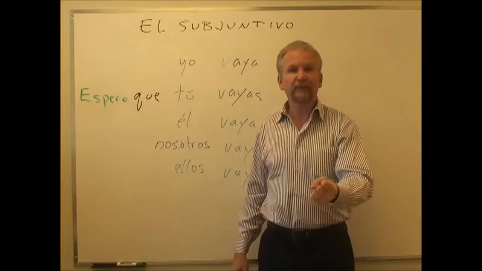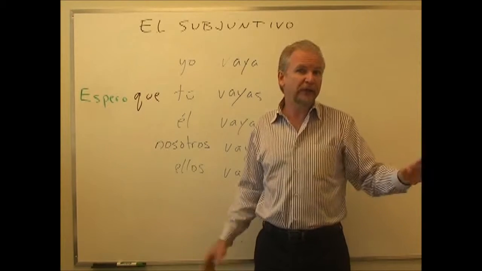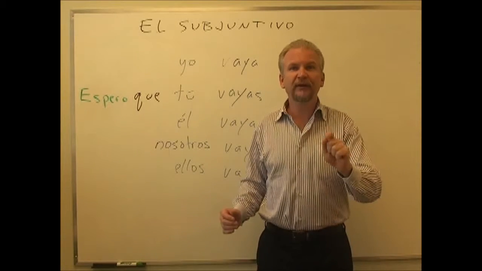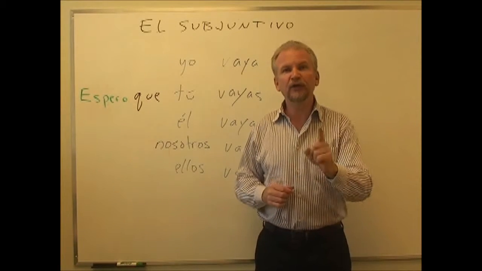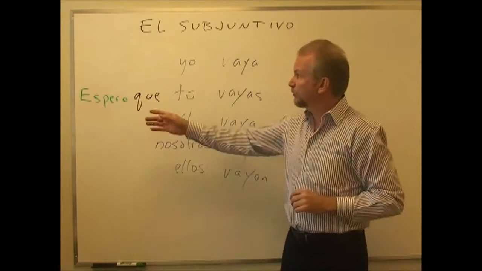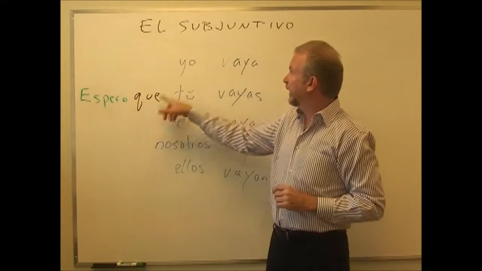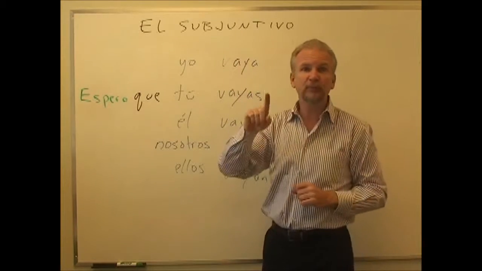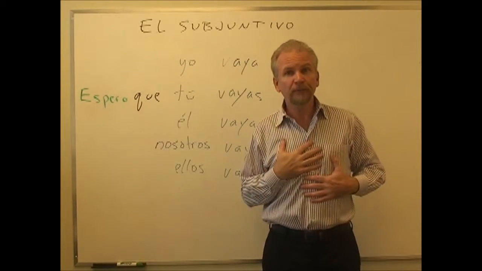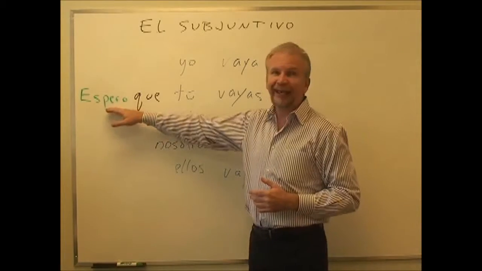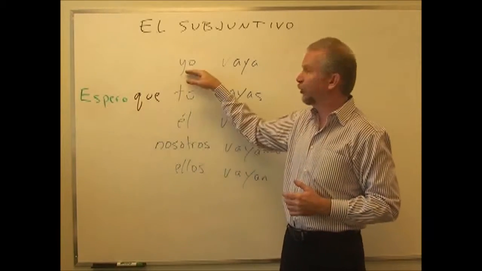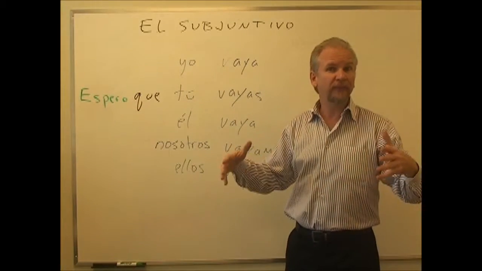I hope that. He, she, we, or whoever it is, then the verb is going to be conjugated in the subjuntivo. And of course we could say, él espera que yo vaya. He hopes that I go. Right? Or ellos esperan que yo vaya, or they hope that I go.